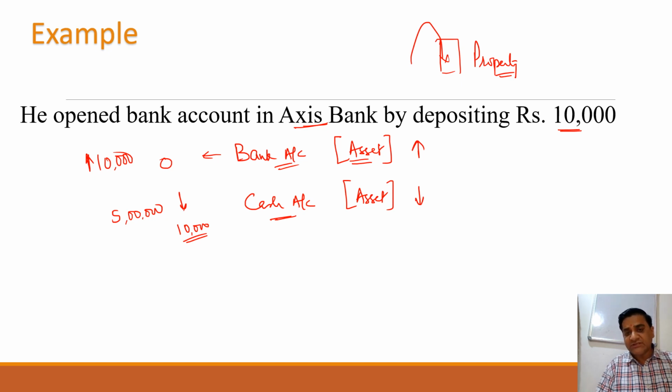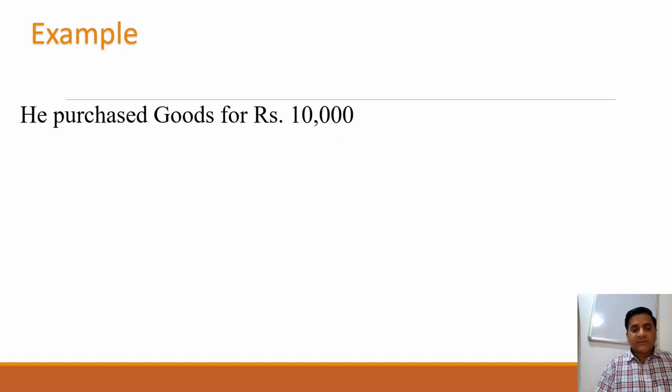So the asset which increases would be debited, the asset which decreases would be credited. Luckily, both these accounts are of the same nature, the asset account, and the rule for an asset account is that whenever the asset increases, the account is to be debited, and whenever an asset decreases, its account is to be credited, right?